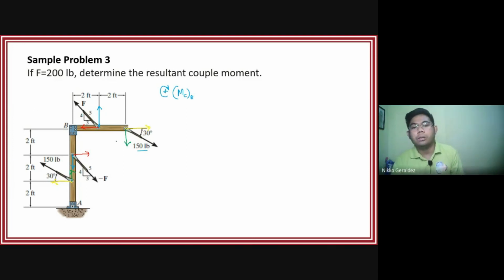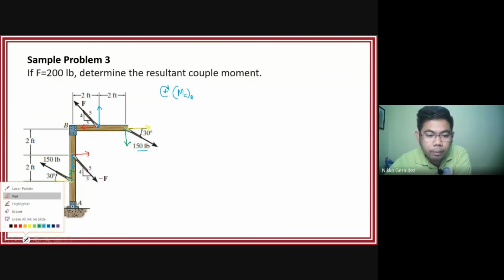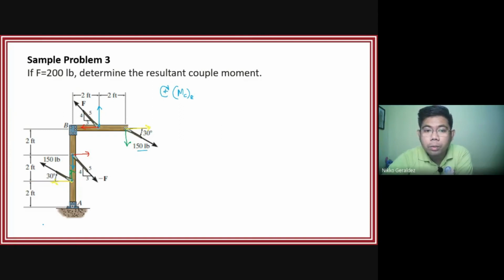Resolve natin, two components, so nagkaroon tayo ng 4 couples: isa, dalawa, tatlo, apat. Okay, kunin natin yung resultant.